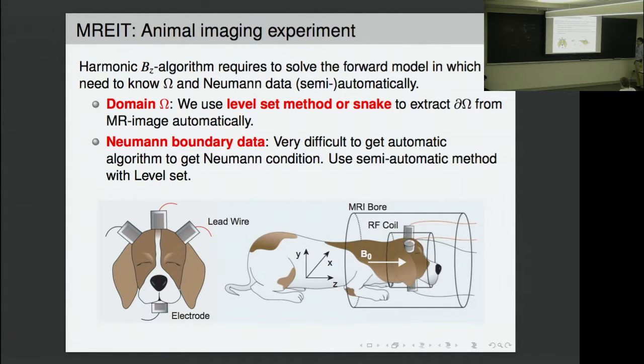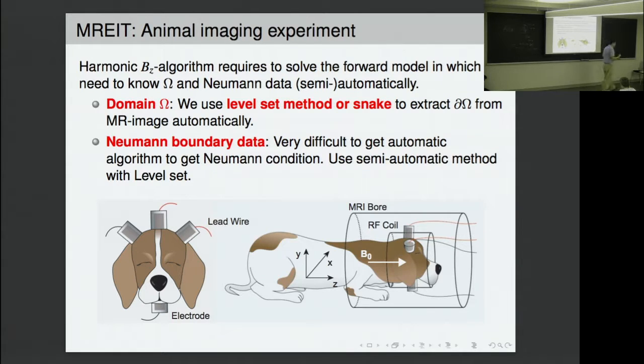But at the time, nobody gave me a domain or the Neumann data. We had to find the domain omega. Usually, whenever you study mathematics, you say let omega be given, but that is not given at all. I had to find the domain and the Neumann data on the boundary of omega.